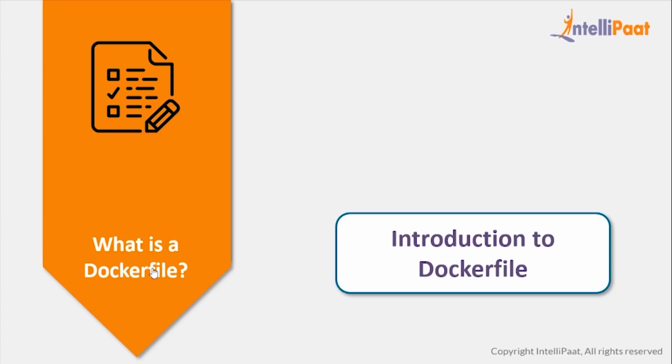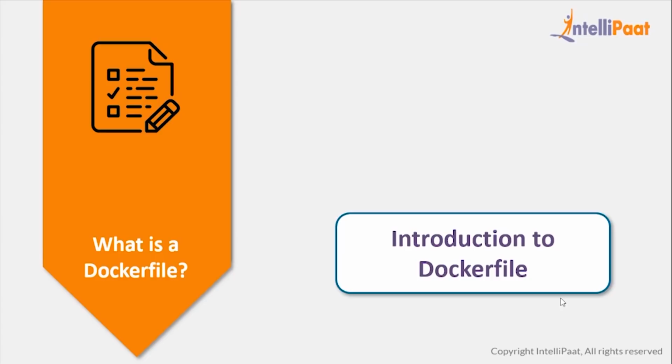When you're working in a production-grade environment, everything has to be lightning fast, right? For making changes to a particular container image, you can also use something called a Dockerfile. So let's go ahead and start with this topic now.